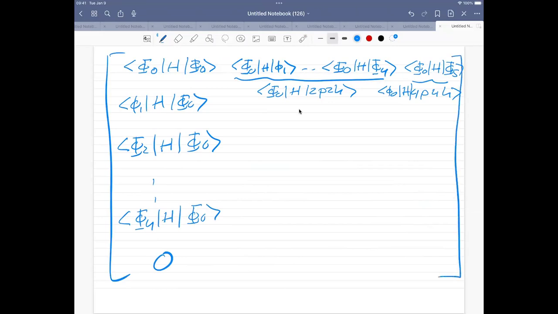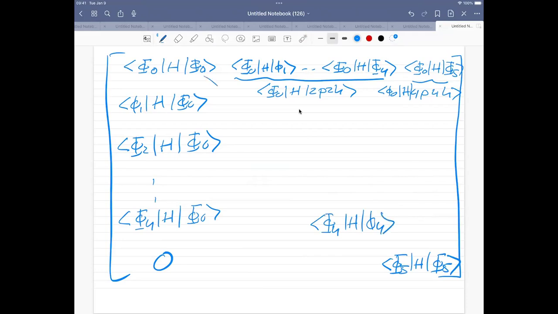So all the other matrix elements, except for these zeros here, will be non-zero, because I can connect a 2-particle 2-hole state with a 4-particle 4-hole state. So the final matrix element, which you would have on the diagonal, would be a phi 5 with h of phi 5. And on the diagonal, you would have then phi 4 of h of phi 4.